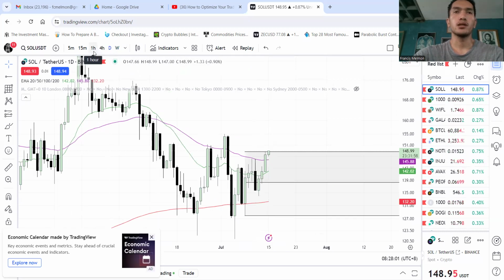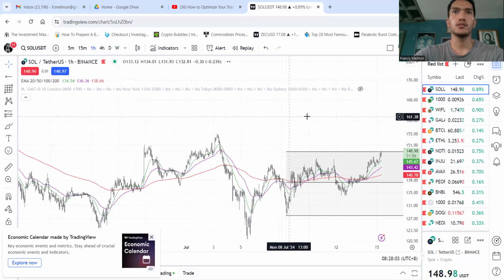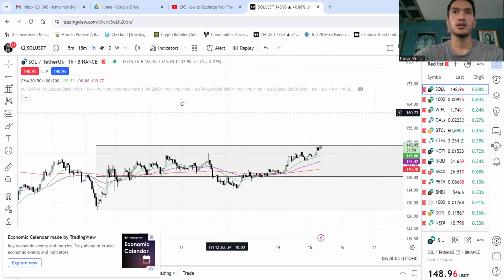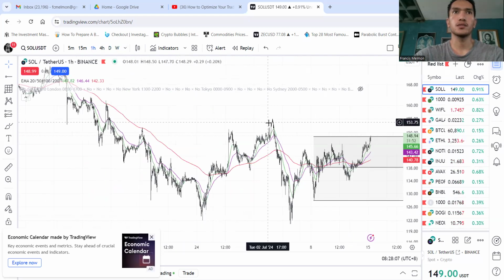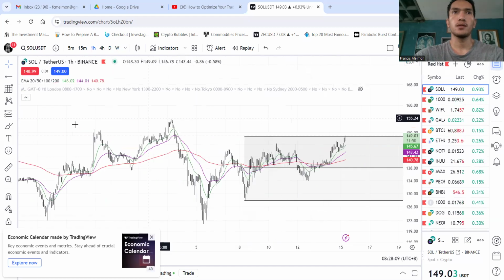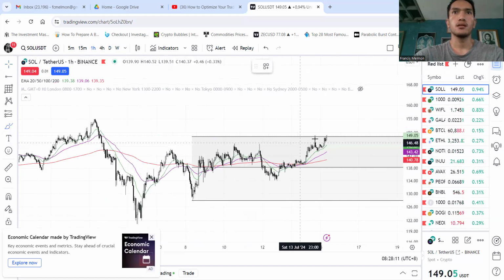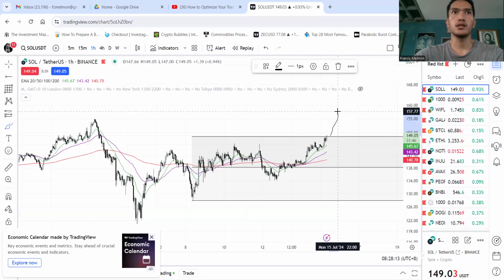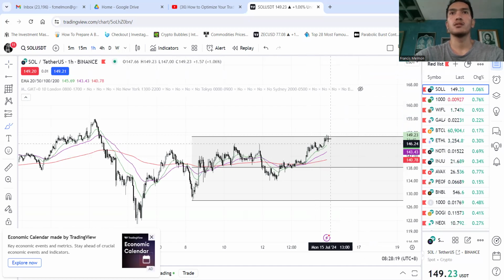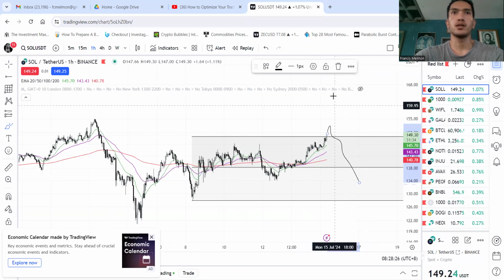Our scenario that we can see in this price action is maybe this might take this high before going down, or this might resist in this area and then go down.